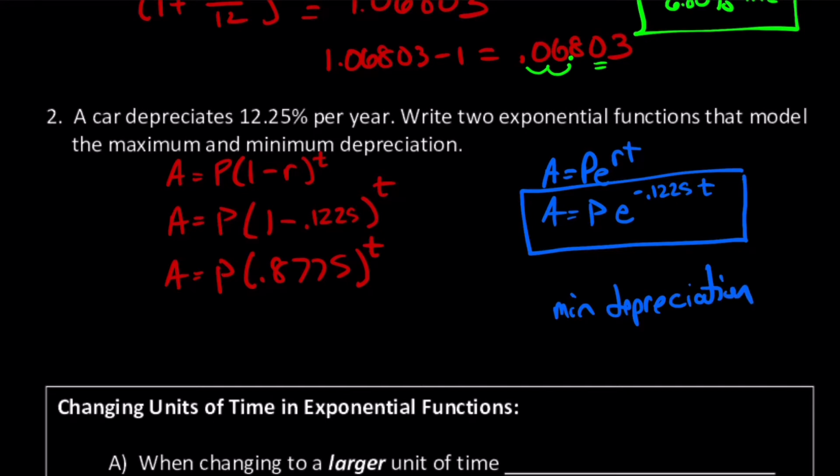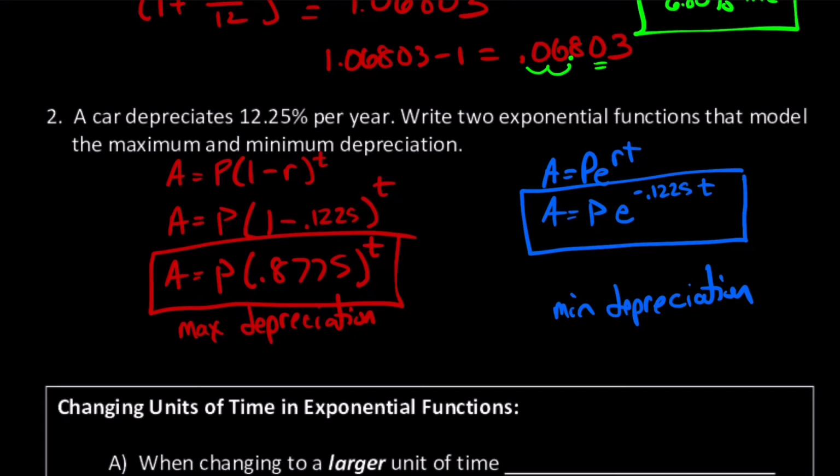You would think, well, wait a minute, it's maximum appreciation. It ends up being the minimum depreciation. And this one over here is the maximum depreciation. And if you don't believe me, throw this into your calculator right here, and you're going to get a decimal that's more than this, which means more remains each year or less leaves.